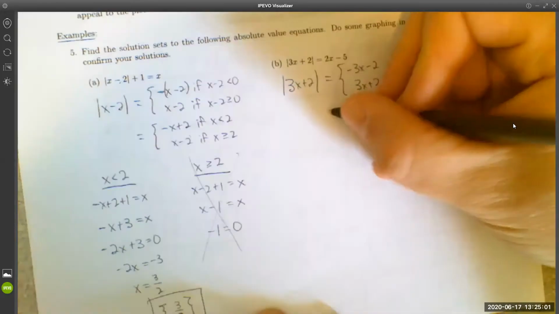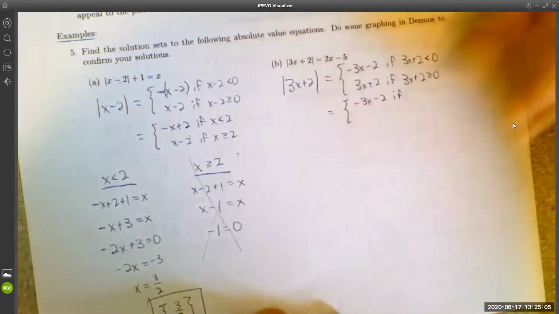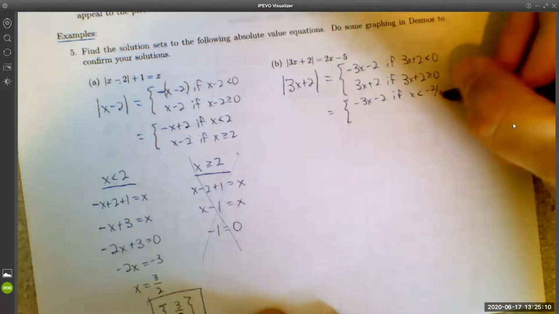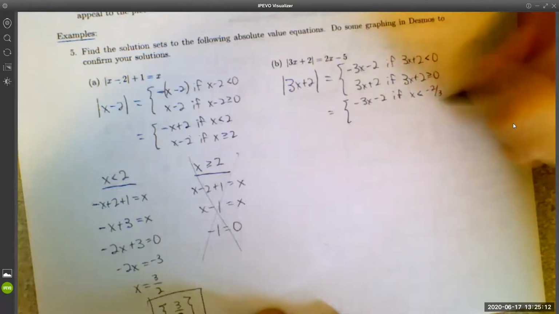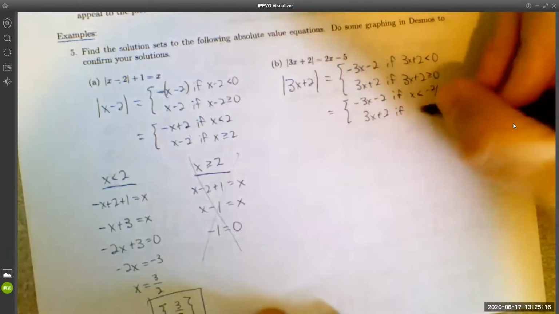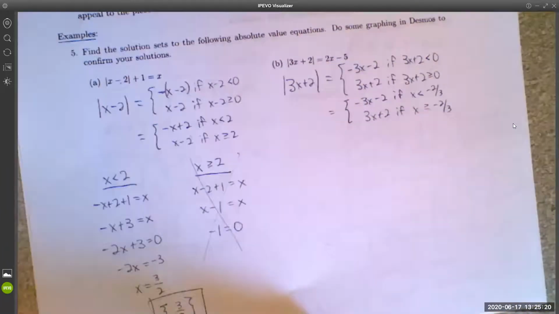So in other words, it's negative 3x minus 2 if x is less than negative 2/3, right? Move the 2 over, divide by 3. Or 3x plus 2 if x is greater than or equal to negative 2/3. So those are the cases that I need to consider.